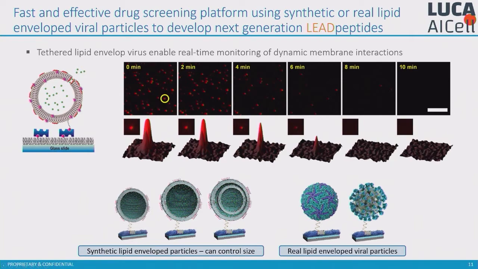If you coat it with a fluorescent label, you can clearly see the platform as fluorescence-intensity-based images. We then add the peptide and follow how it lyses, meaning the fluorescence intensity diminishes. This is what we call the tethered LNP platform.